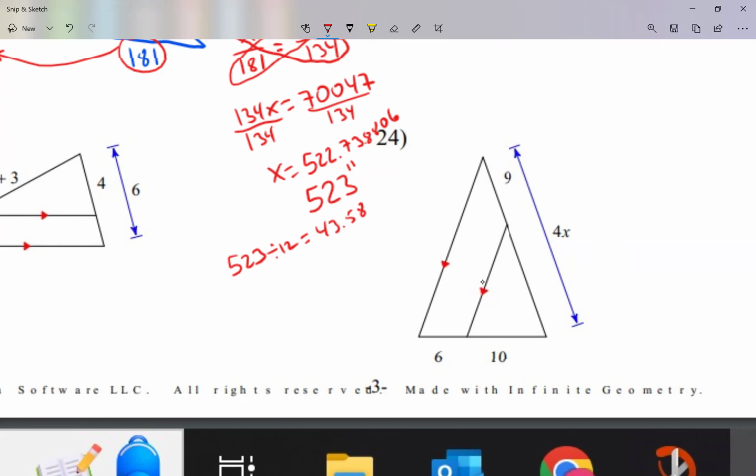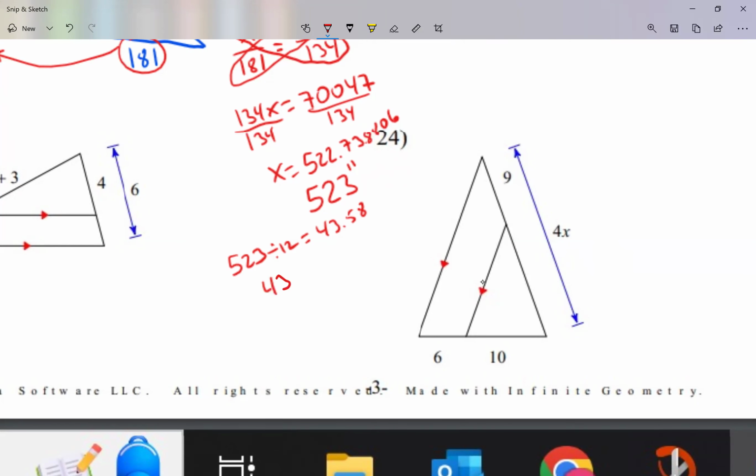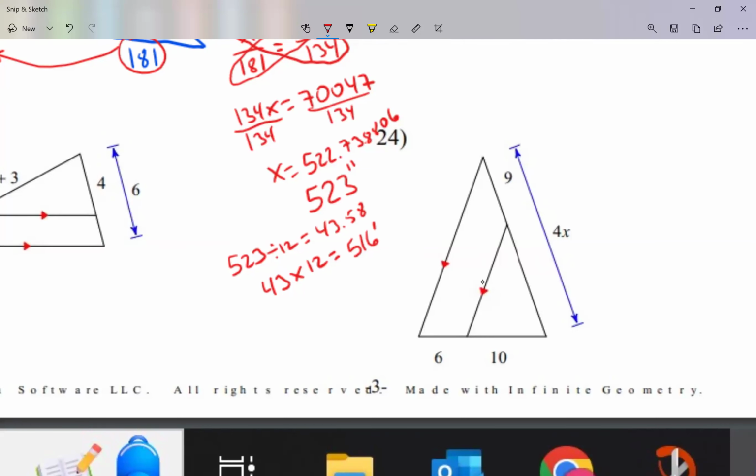How much is 43 feet in inches? 43 times 12 is 516 inches. Okay, so we're getting somewhere. Remember, my answer was 523 inches.